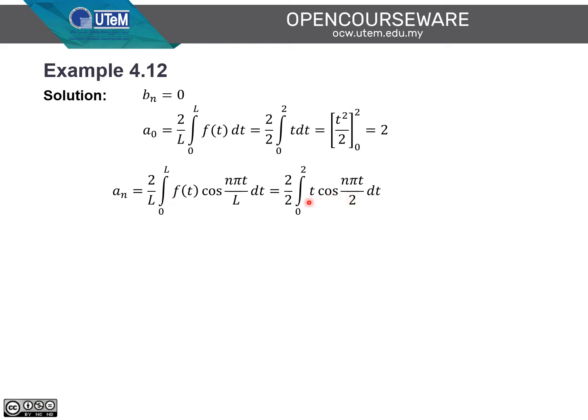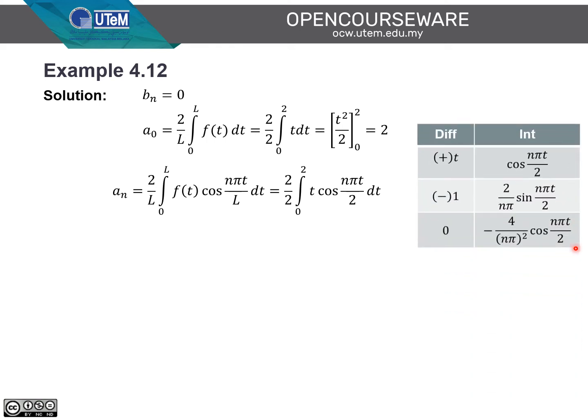So we can see that the integration of t cos(n pi t on 2) with respect to t requires a method of integration by parts or a tabular method to solve the integration. And here is the tabular method. In the differentiation column, we differentiate t 2 times until the differentiation becomes 0.